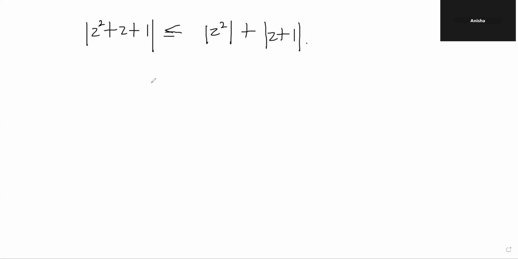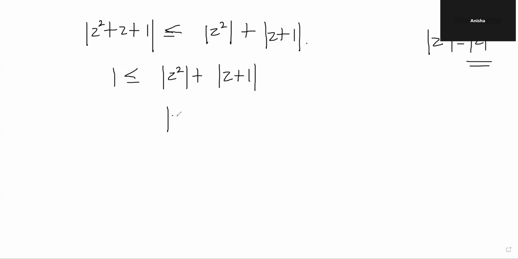And we know mod of z square plus z plus 1 is 1. So we can open both the mods here, and I got x square plus x plus y square is greater than or equal to 0. So we get a circle, and the complete region is outside. This property is true, right?